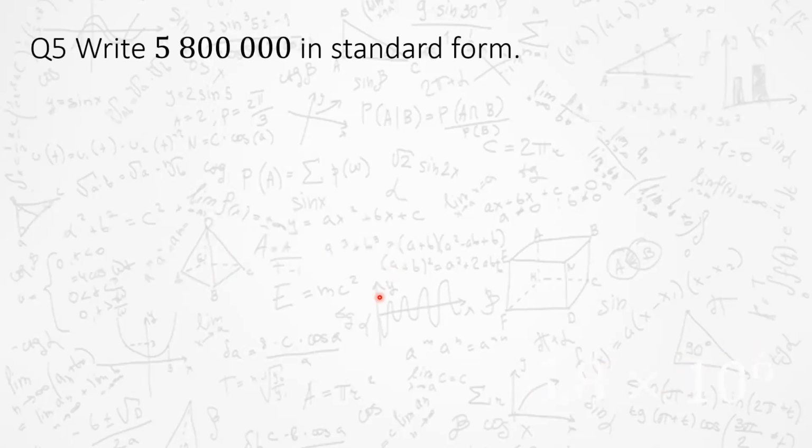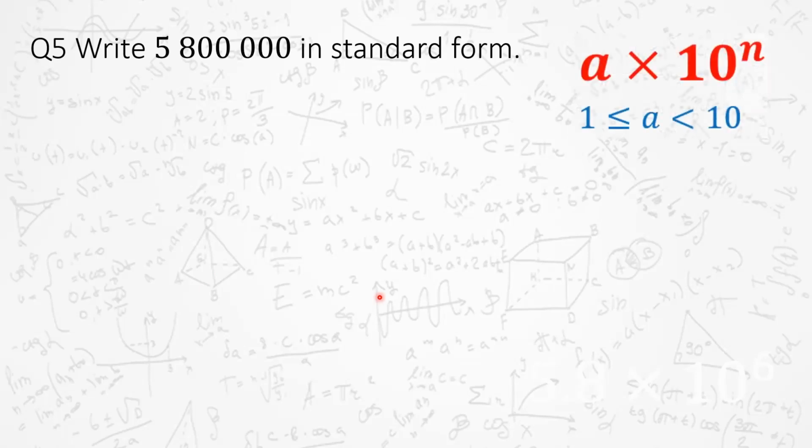Last example, question 5. Write 5,800,000 in standard form. Again, just put it in the top right corner to remind us what standard form looks like. Because a will have to be between 1 and 10, the only option we have here is 5.8 as the starting point, and then we times 10 to the power something.